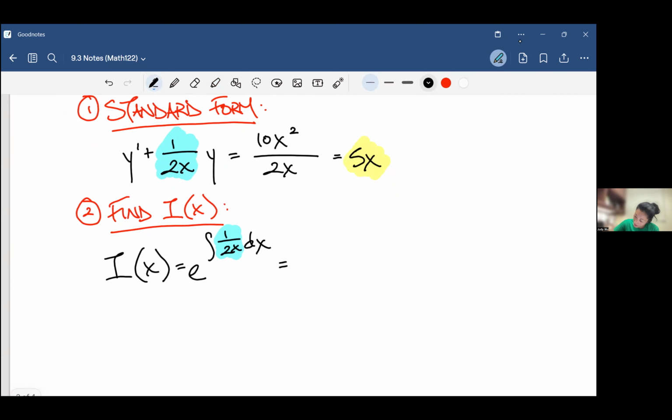This is going to give us e to the 1/2 ln x. And this will be a common trick that we see. We're going to take that 1/2, we're going to bump it up to the power. So we get e to the ln x to the 1/2, because that allows us to take the e and ln and cancel them out. And so our integrating factor is x to the 1/2. That, don't forget, is the same as saying the square root of x, okay?